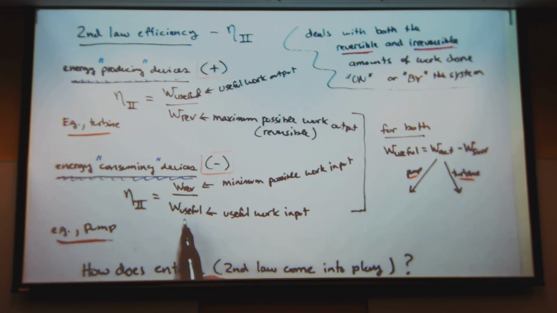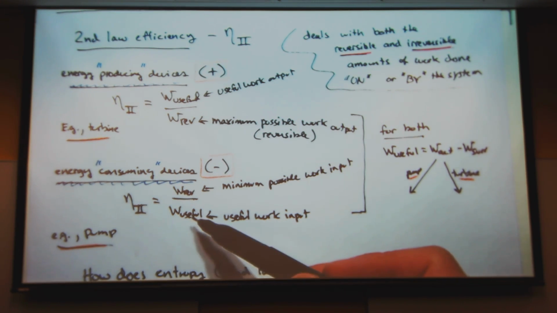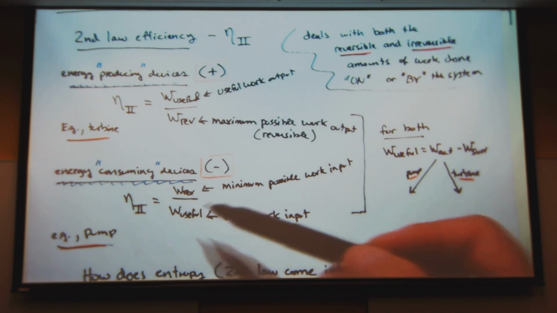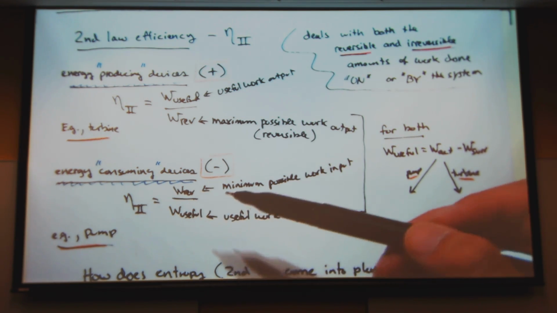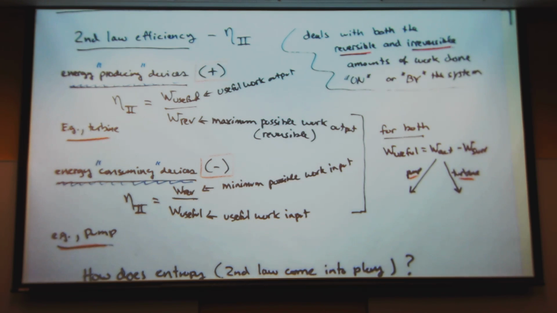So for the pump, we had this expression where we had the energy in fluid flow, or the energy in spent. When we did the first law of efficiency, it was the energy in spent. And so this work useful input, right? And then for the pump, we had a shaft input.